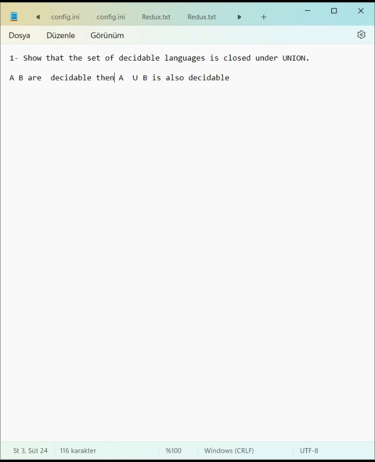A decision procedure for A union B would work as follows.